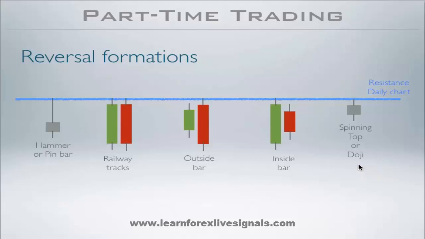Also, this resistance line doesn't have to be a horizontal level of support and resistance. We can also find these formations at a diagonal level of support and resistance, meaning trend lines. Also maybe a confluence of a trend line along with a Fibonacci retracement, that being the previous swing down.